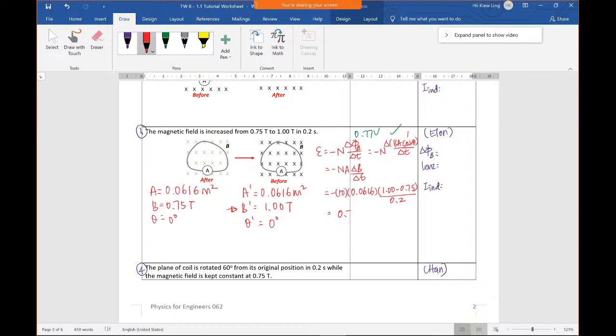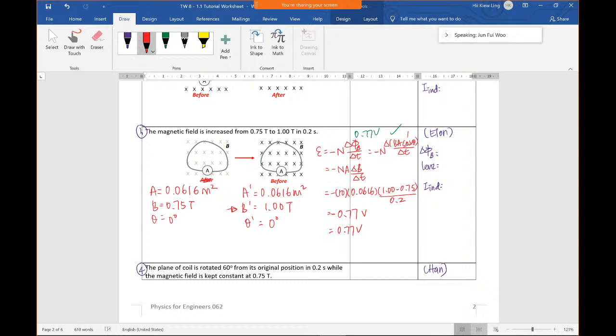So we get negative 0.77 volts. If you want to remove the negative, you can, because negative only shows the direction. Now, how do we determine the direction? Firstly, observe the change, before and after.